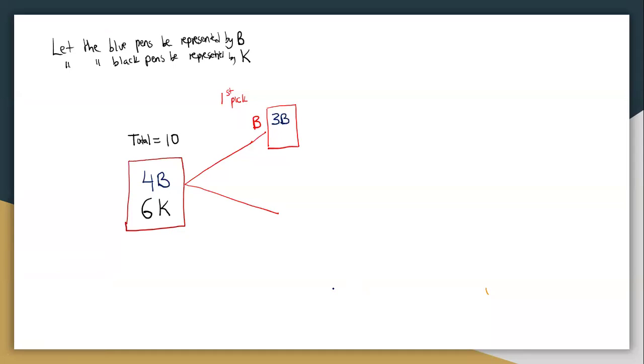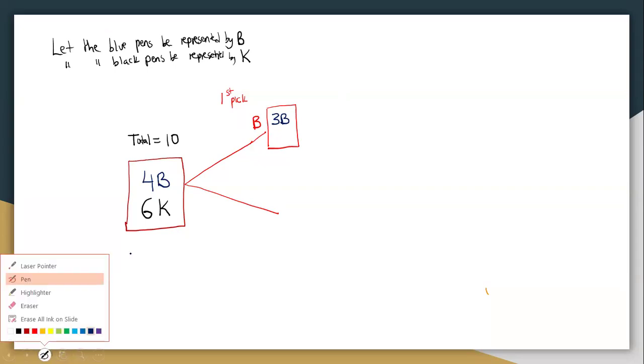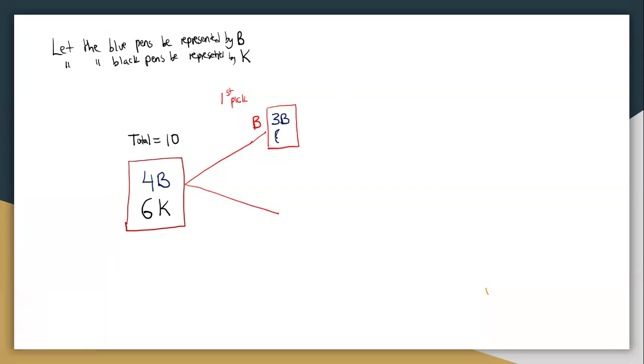Pay attention again. When you picked the first time, you picked a blue, so the blues reduced to 3. How many black pens remained in the bag? 6, because you did not pick any. So I write here that I remain with 6K.